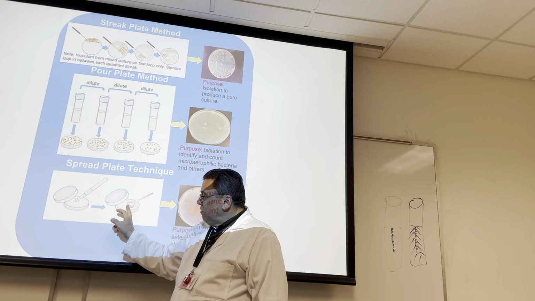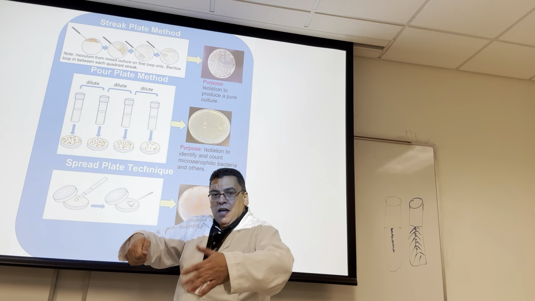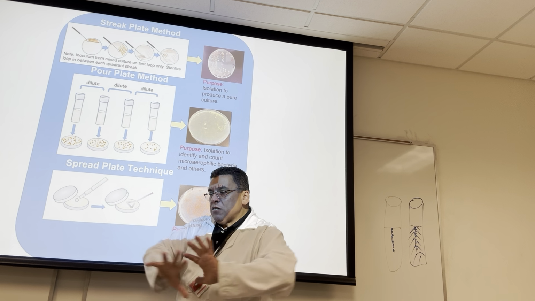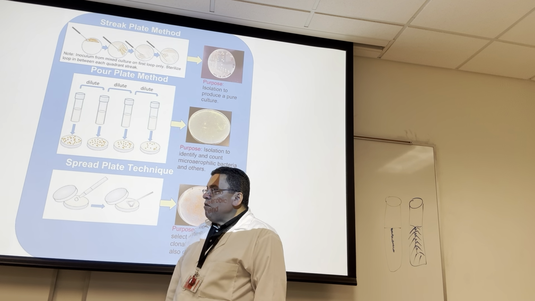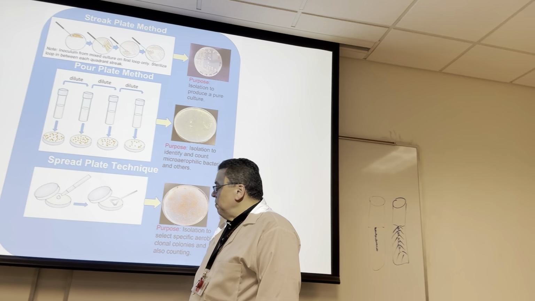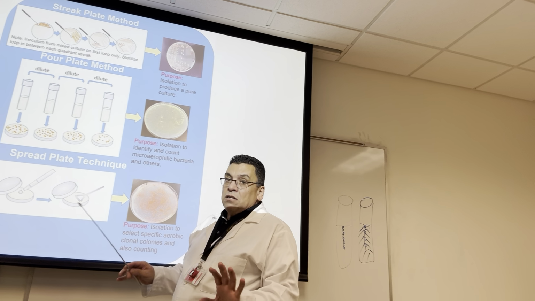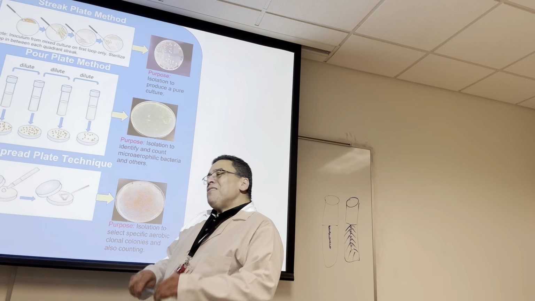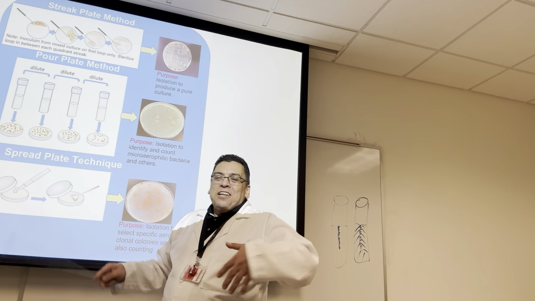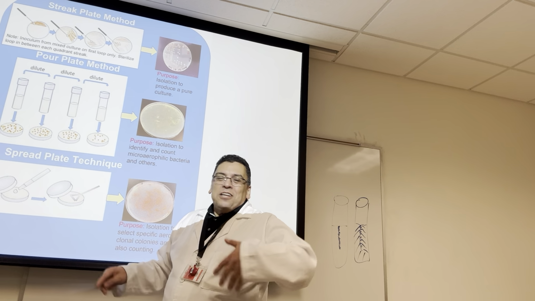You touch it, and then you spin it like that, a couple of times. It spreads it out. Very easy to do. But the drawback to it again is you need to know what dilution to use to get good isolation. So if you just want to isolate, it's this one. You see? And that's why you guys use that one.